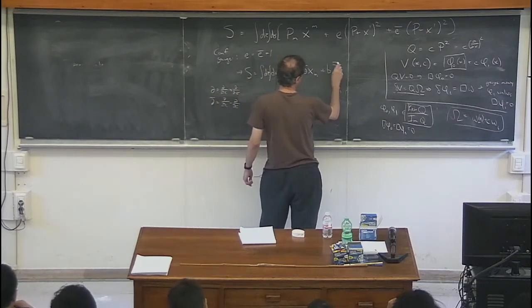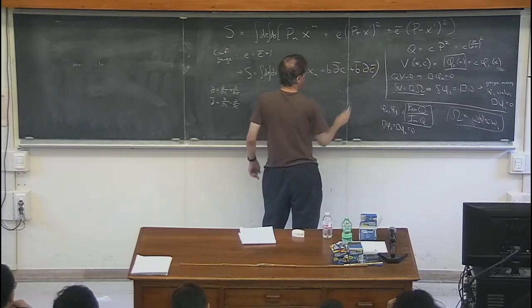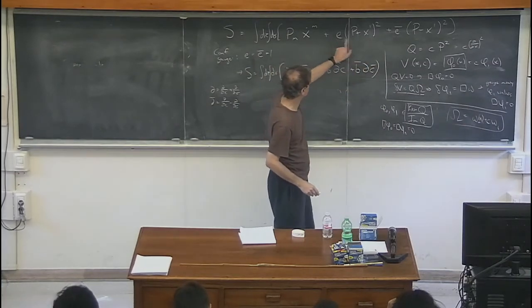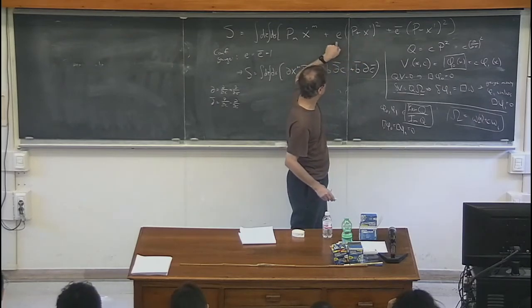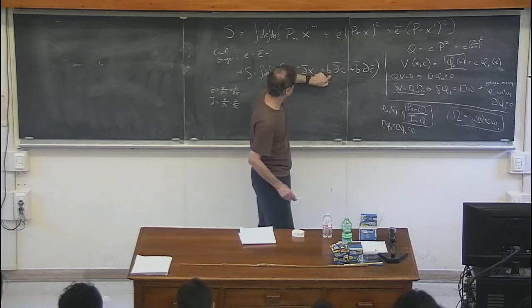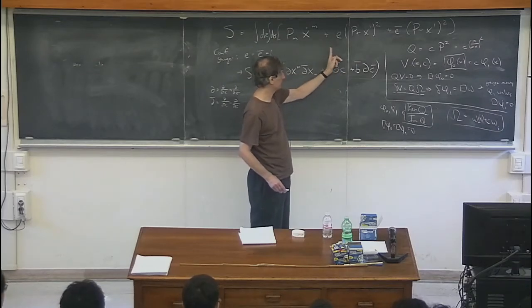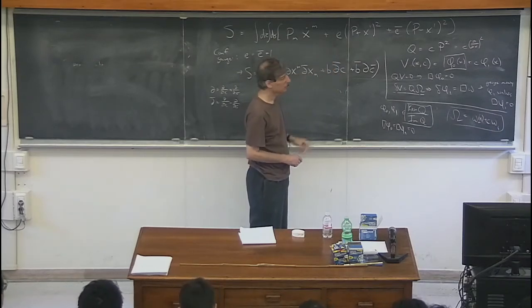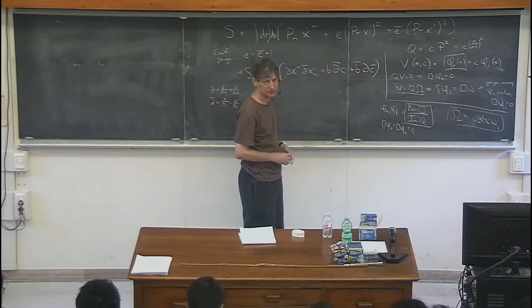The ghosts come in this form. We have two sets of anti-commuting ghosts because we have E and E bar. If you go through the algebra of these constraints, you find that it's not just B times C dot, because there's some non-trivial dependence coming from the structure constants, which turns the d/d tau into d/d tau plus d/d sigma. Okay?